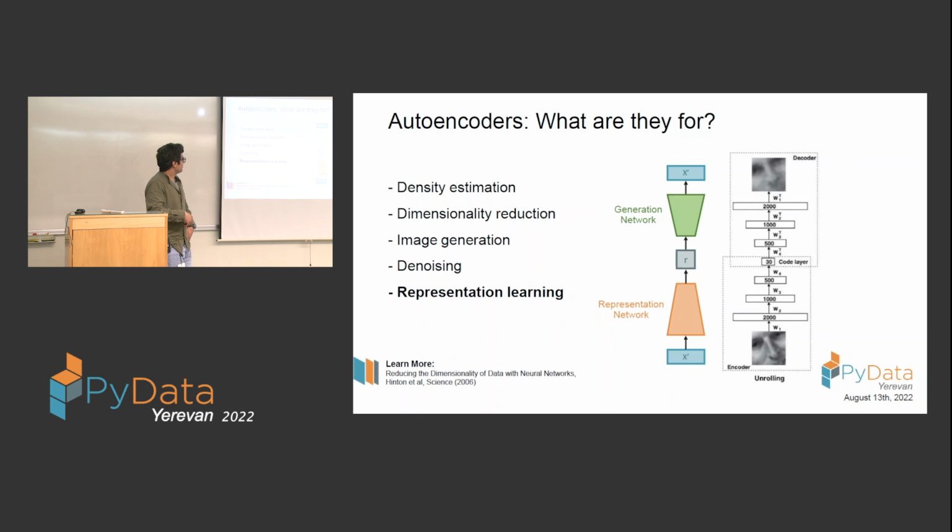Or you can generate images. You can put in an input image and you will get another image. Or you can denoise the input image, or we can use it for representation learning, which means if the model is trained enough and you put one image in, you will get the best representation, the best latent space, the best numbers here that show the most important parts of the input image.